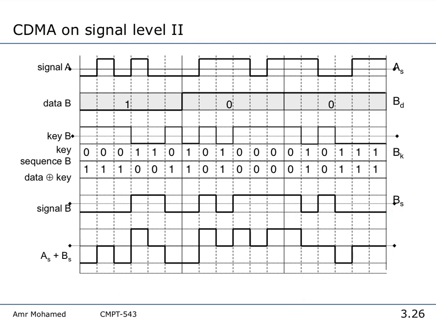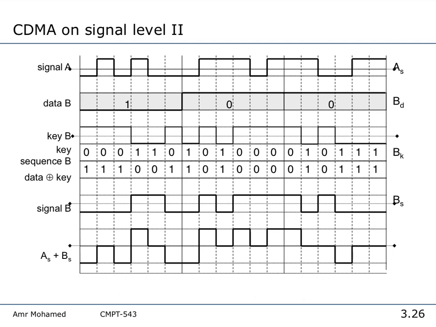Remember, this is AS, and this is BS. So when we add this to this, -1 and -1, the answer is -2. 1 and -1, the answer is 0. And -1 and -1, so -2, and so on. So this is like the composite signal, AS added to BS. So that's what the receiver gets.